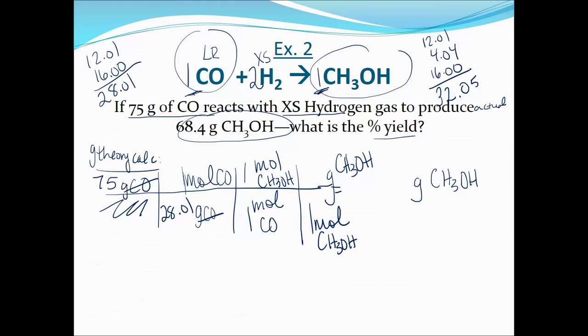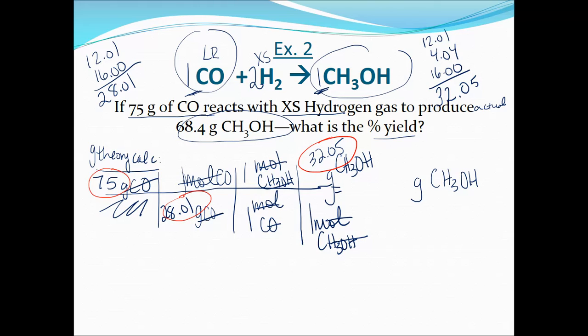That's 32.05 grams per mole. All right, so that lets moles of CO cancel, moles of CH3OH cancel, and you're ready to plug it in your calculator. So let's see what we're plugging in here. 75 times 32.05 and divide by 28.01.